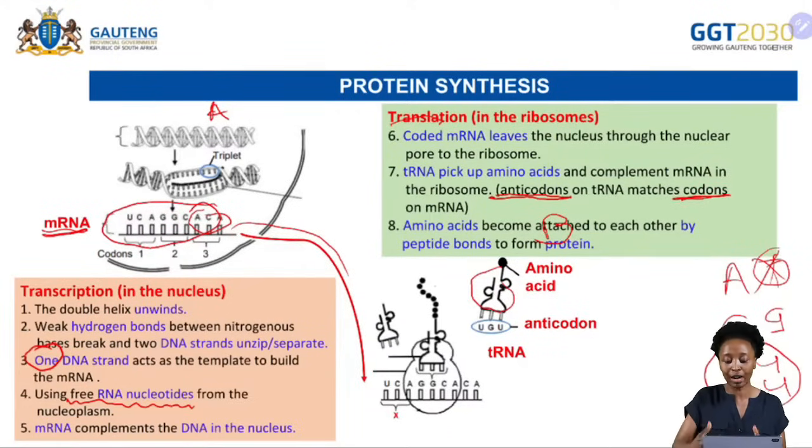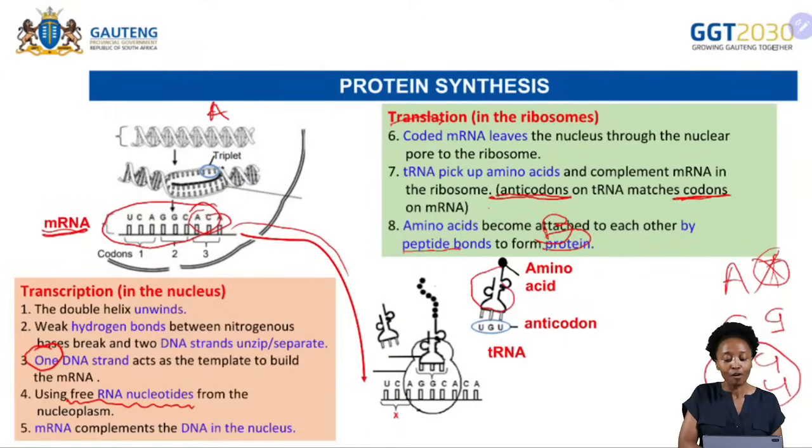So when these two come together, the tRNA ensures that its anticodons match the codons on the mRNA. And as each tRNA brings amino acids and lines them up against the information provided by the mRNA, these amino acids are joined together by peptide bonds, and a protein is formed.